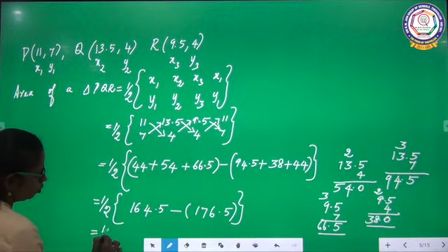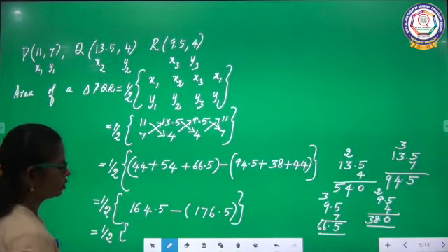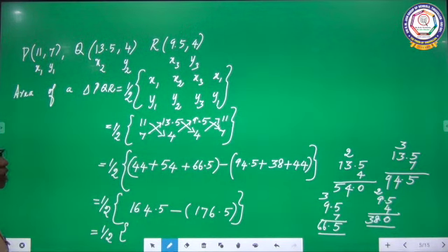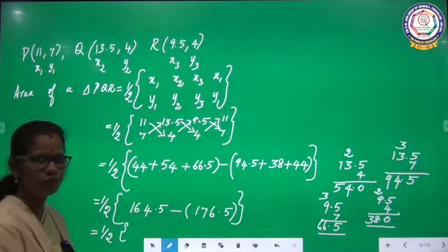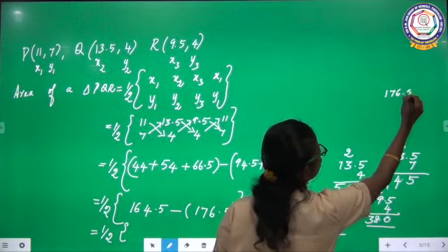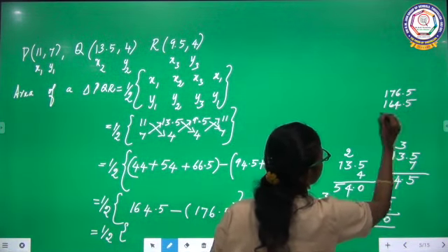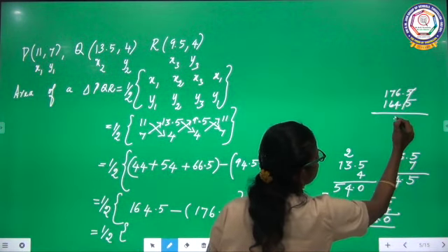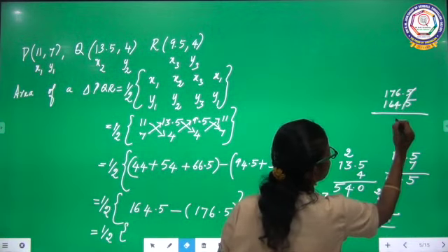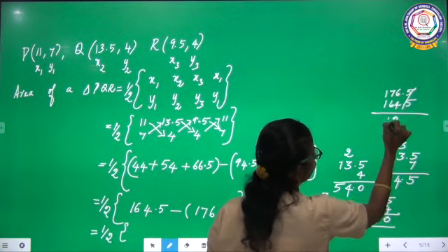Which is equal to 1 by 2 into 0.5, 0.5 cancel, you have no issue, right? 176 minus 164. If you are not confident, better do the calculation in the right side. 176.5, 164.5, two, 1, right?